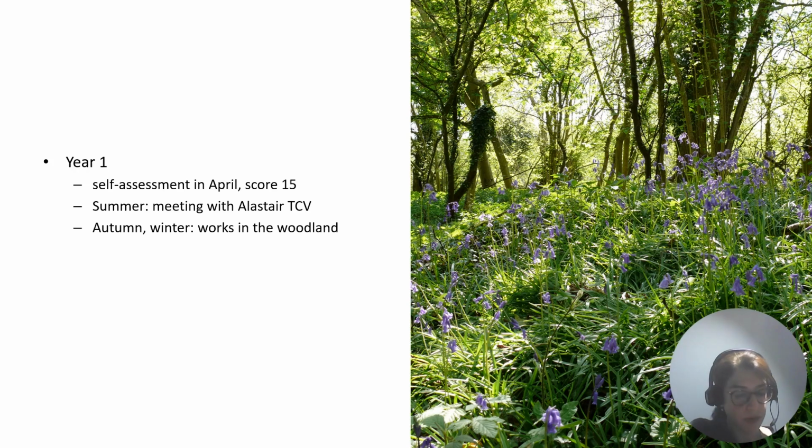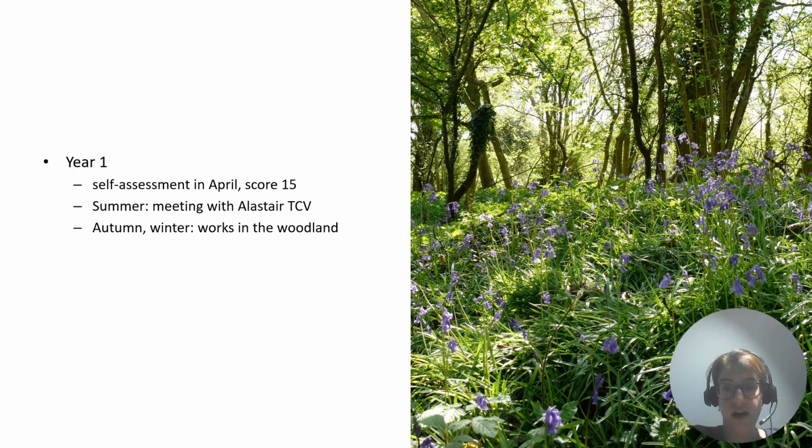An example of how you can use this self-assessment: year one, this year, imagine that in April you have run the self-assessment and you have got a score of 15. In summer, you have met Alastair from the Conservation Volunteers, and he has suggested some management actions you can do to improve your woodland. Then autumn and winter arrive, and you do some works on the woodland.